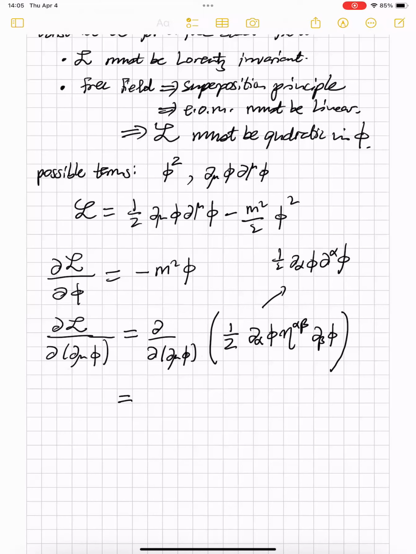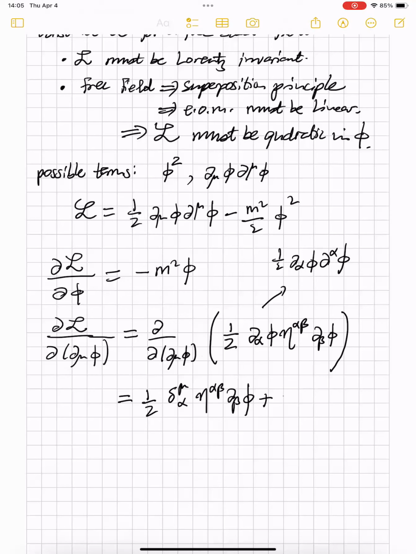Good. Okay, so now let's calculate this derivative. So when I act on the first term, well, I'll get 1/2, and d mu alpha onto d alpha phi will give me 1 if alpha is equal to mu, and it will give me 0 otherwise. So I'll get delta mu alpha eta alpha beta d beta phi plus, and now I can hit the second index.